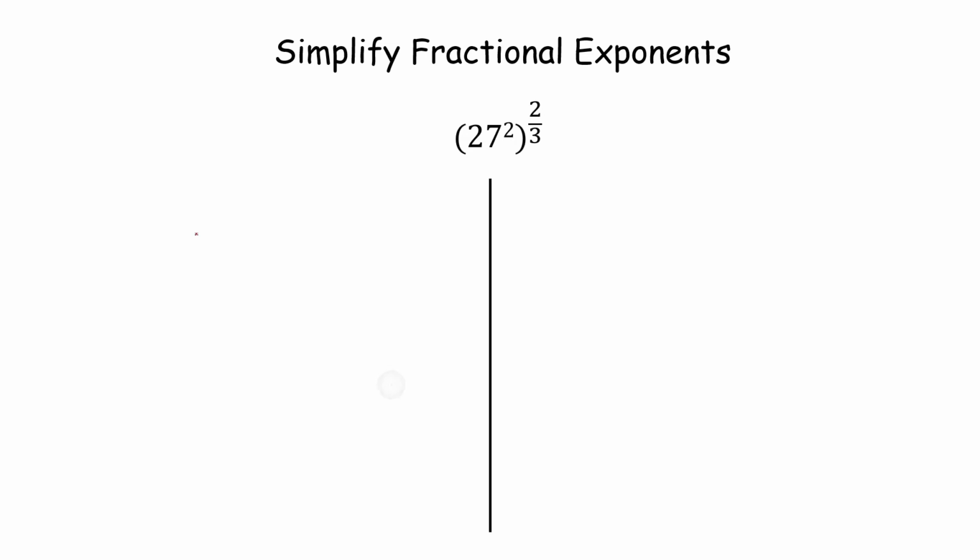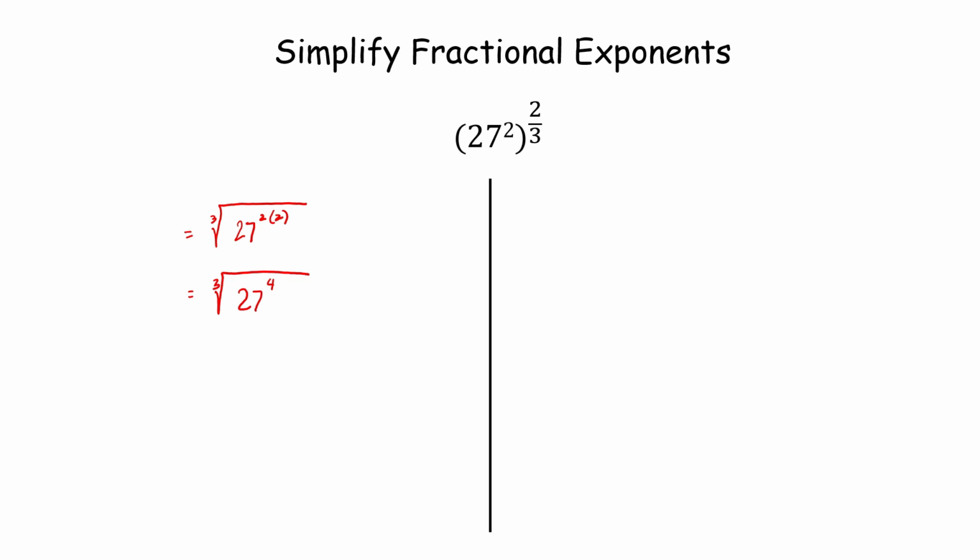All right. I think this is my last example. First, let's convert this into radical form. This is again the cube root of 27, 2 times 2. So the cube root of 27 raised to 4. And just like in my previous example where 64 was a perfect cube number, here 27 is also a perfect cube number.